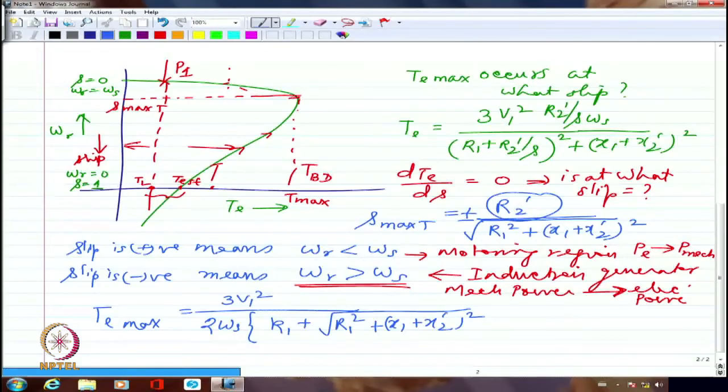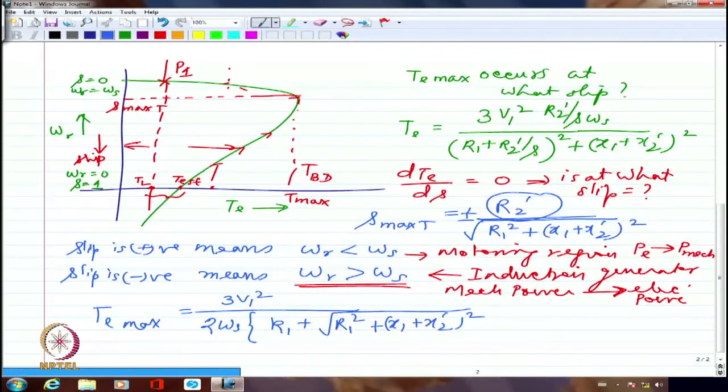Which means if I increase R2, like in the case of a slip ring induction motor, where I can include resistances externally, then this maximum torque will not get affected, but the S max T will get affected.